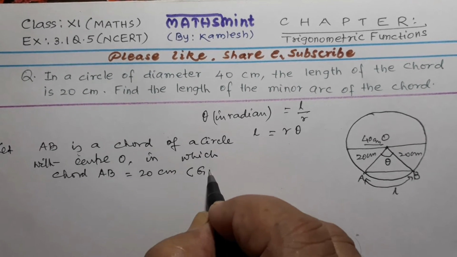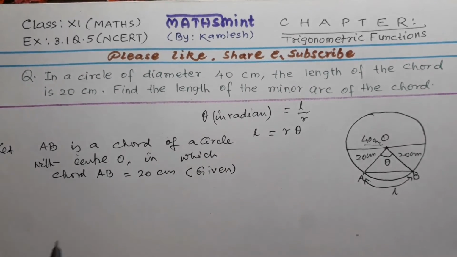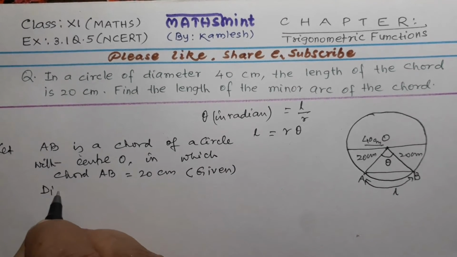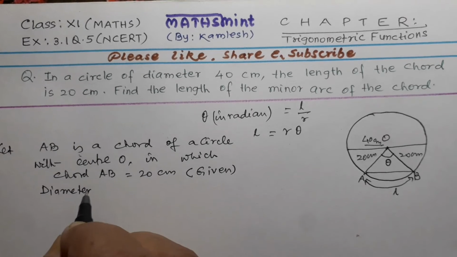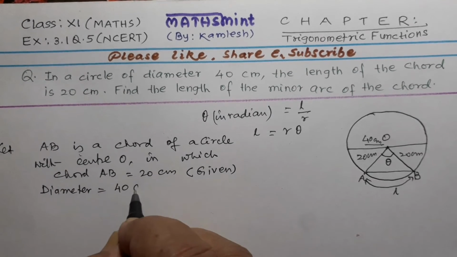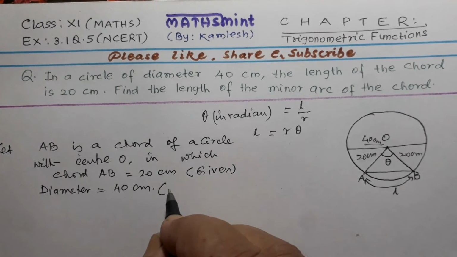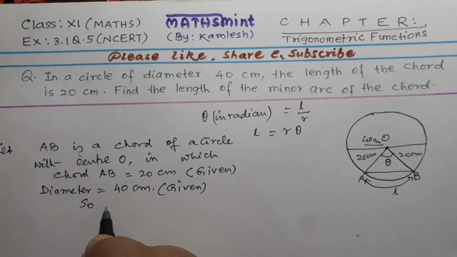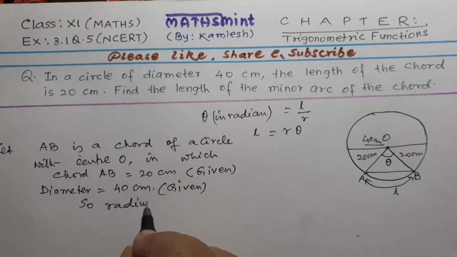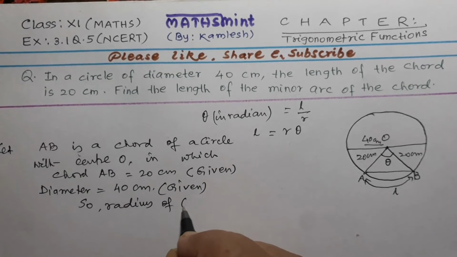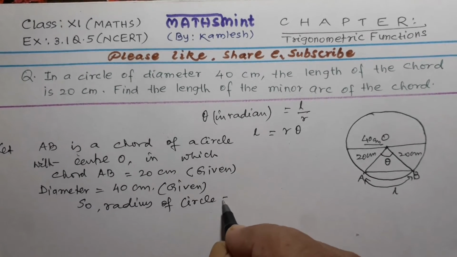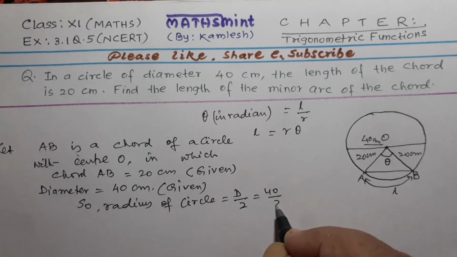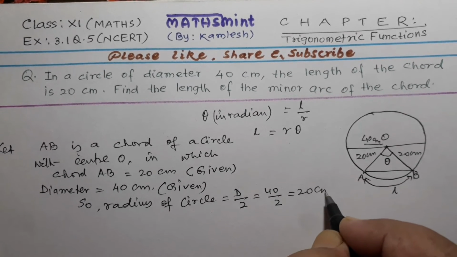This is given. Again, diameter is equal to 40 centimeter. This is also given. So radius of circle will be diameter by 2 is equal to 40 by 2, that is 20 centimeter.